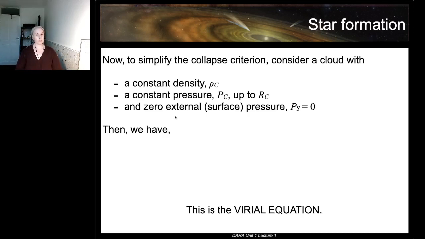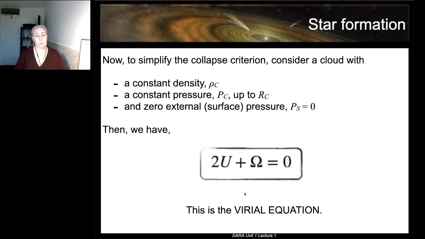So we can make a few simplifying assumptions. We can presume that the cloud has a constant density through it. We can presume that the cloud has a constant pressure all the way through it as well. And we can also make the simplifying assumption that there's no external pressure on the cloud. So basically the internal pressure is very much greater than the external pressure coming from the environment within which the cloud sits.